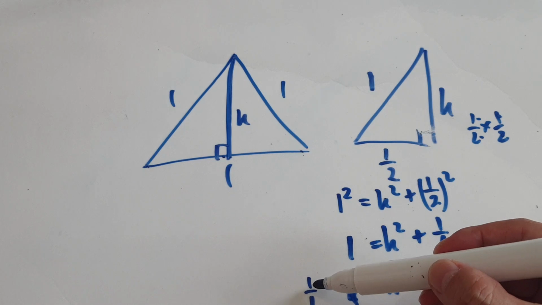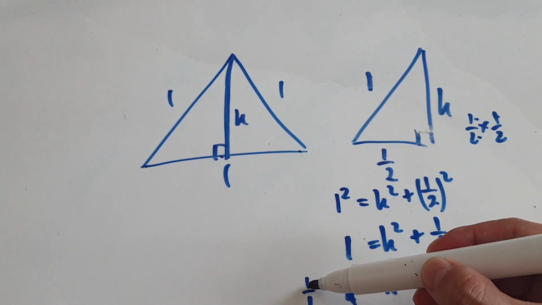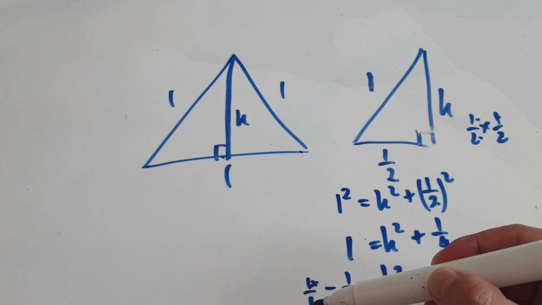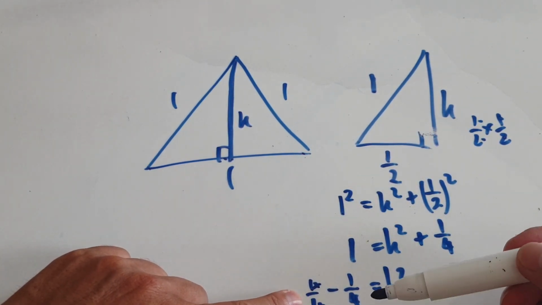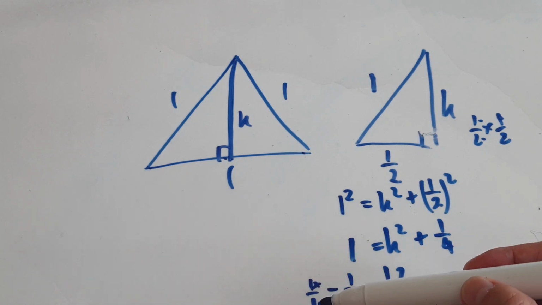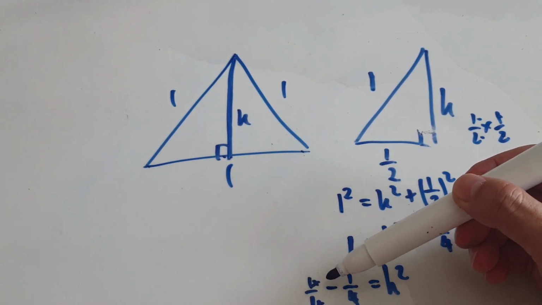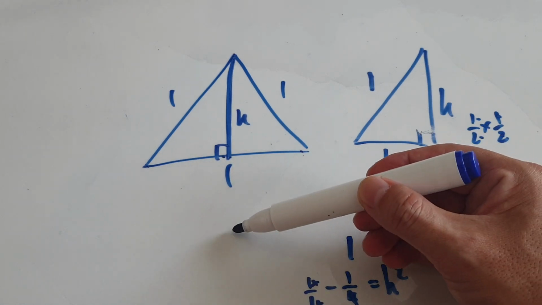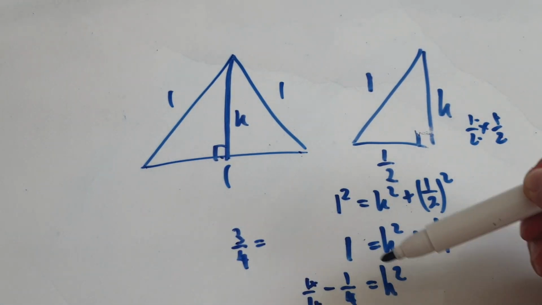So you would times top and bottom by 4. So times this by 4, this would be 4 over 4. And by the way, 4 over 4 is the number 1. So now the two denominators are the same. So it would just be a matter of 4 take away 1. So that would be 3 over 4 equals h squared.